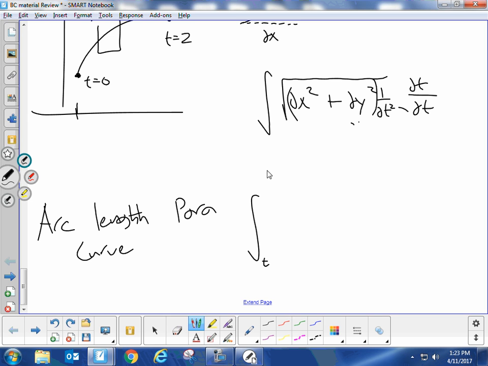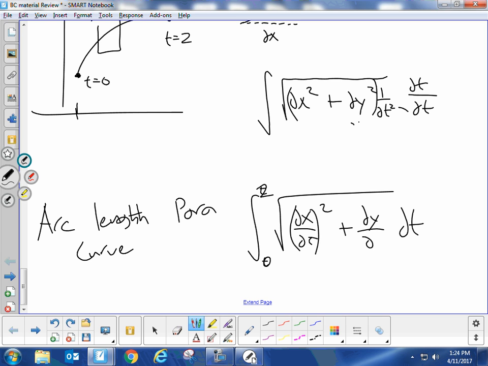And we can then, since I'll have a dt on the outside, go from one t to the other t. So in this case, in the previous one, it'd be 0 to 2 of the integral of dx dt quantity squared plus dy dt quantity squared. So this would be the formula for the arc length of a parametric curve. Just comes from an infinite sum of dx squared plus dy squared, Pythagorean theorem.